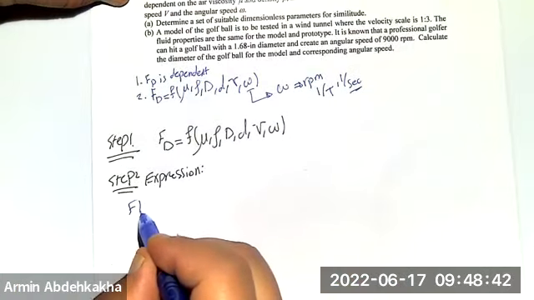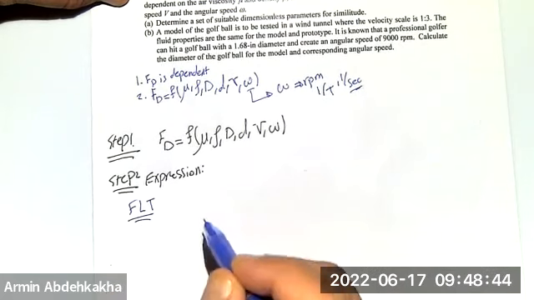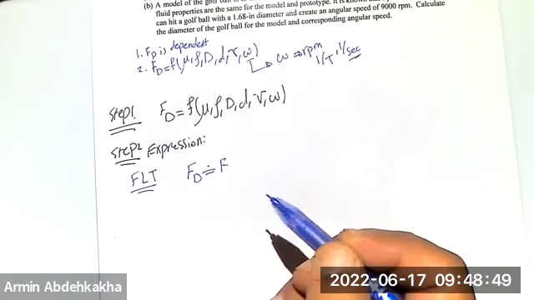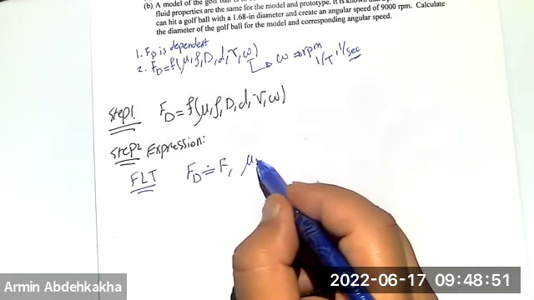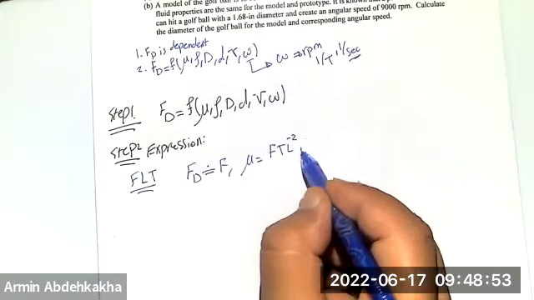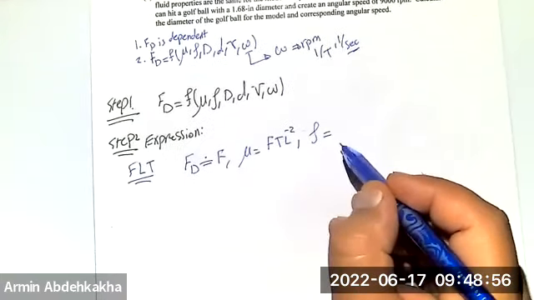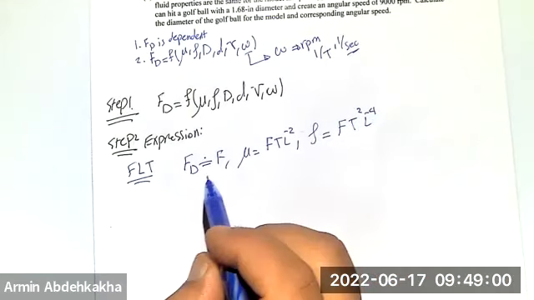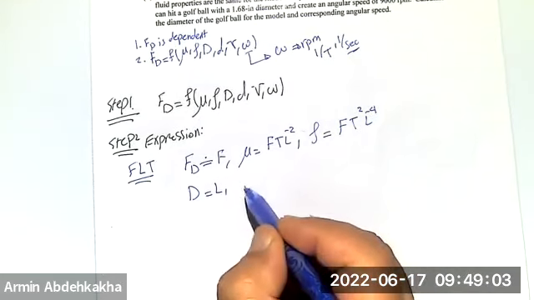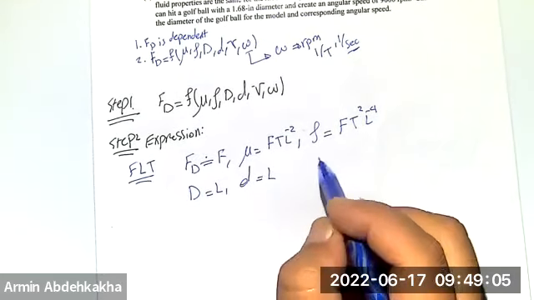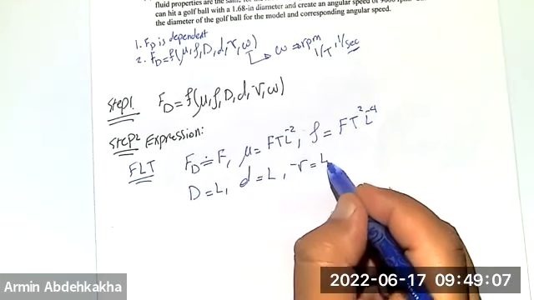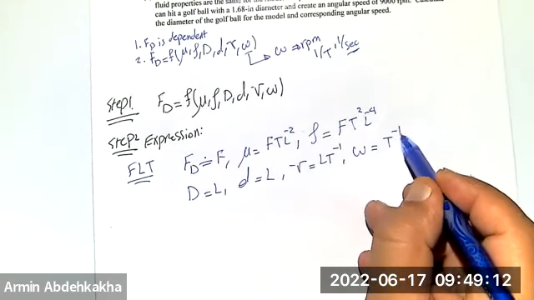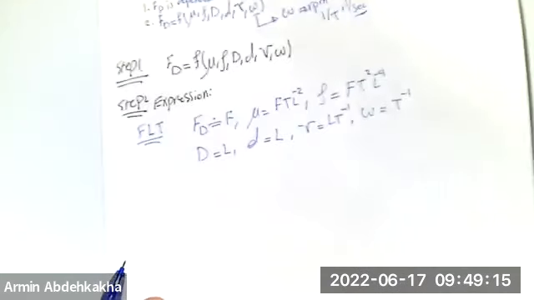I choose to use the FLT system. Then FD, the drag, is going to be F. Mu is FTL^-2. Rho is FT^2L^-4. D is L. d is L. V is LT^-1. And omega is T^-1. Okay, these are my listed variables.